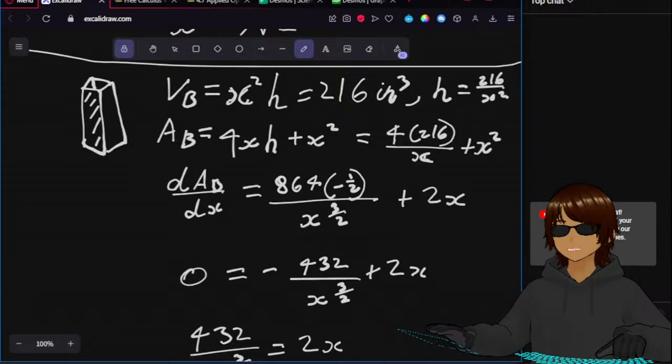Why? This is x to the power of minus half, right? So the derivative of this. Hold on.